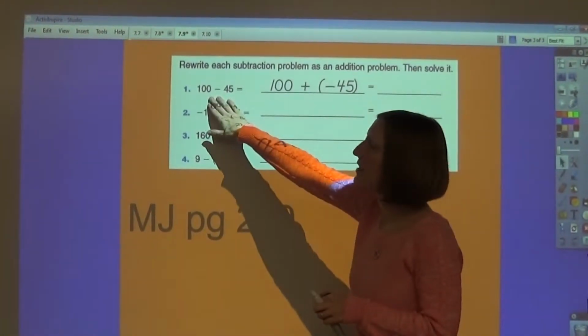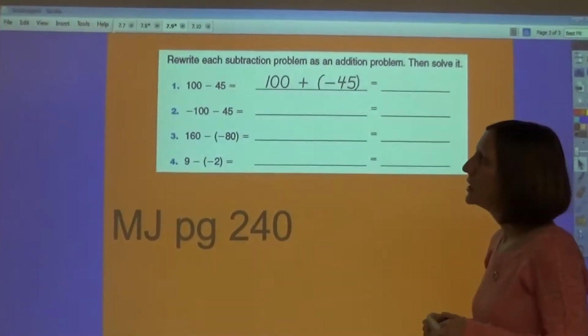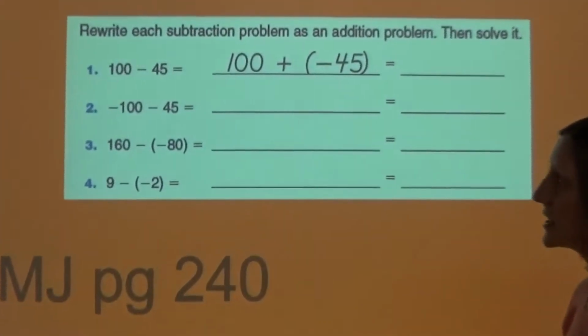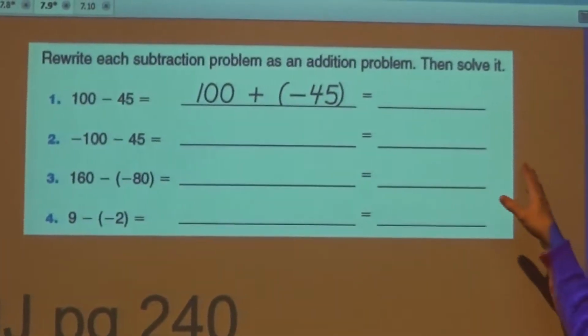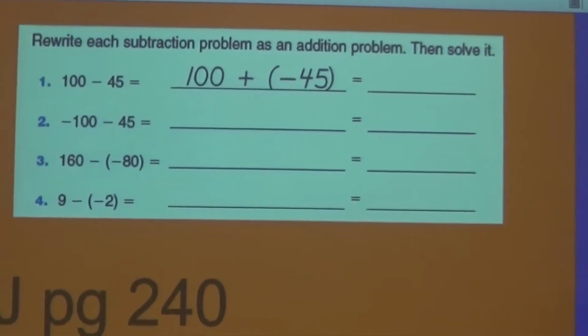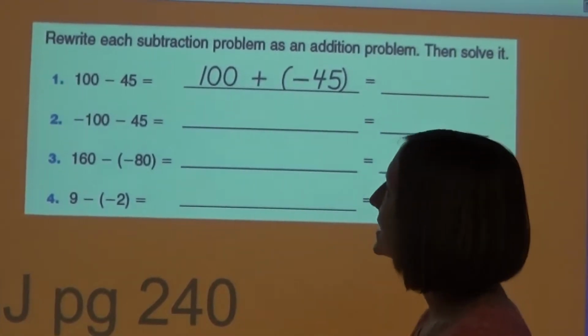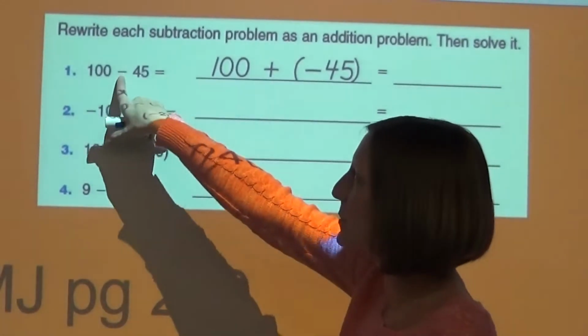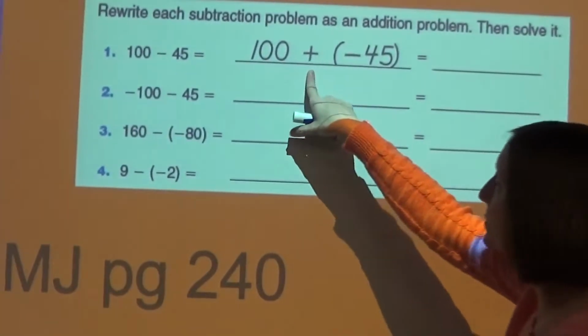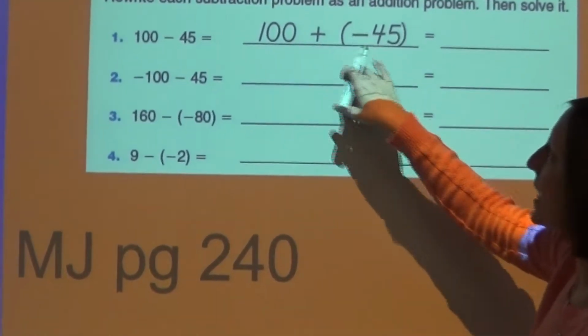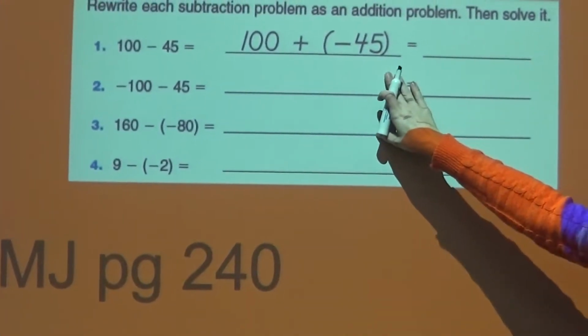Okay, these are written kind of like that second number model I gave you. So we have 100 minus 45. But the directions are asking us to take the subtraction problem and make it into an addition problem. So what they did is, since they changed this symbol here, our operation, from a subtraction to an addition symbol, they took the negative 45 and put that inside parentheses.